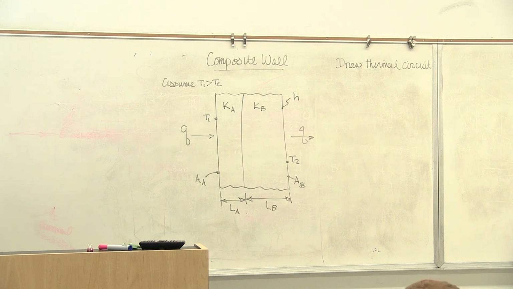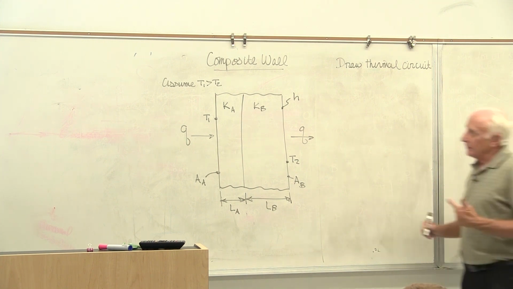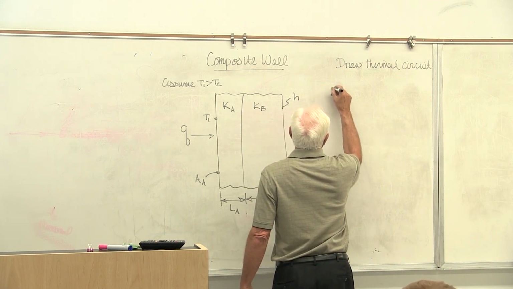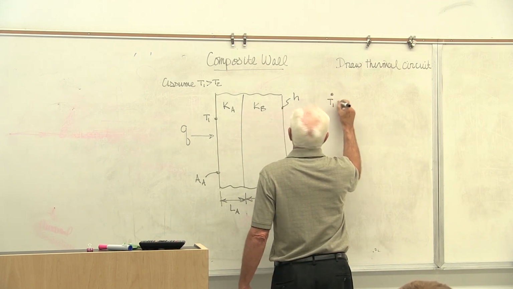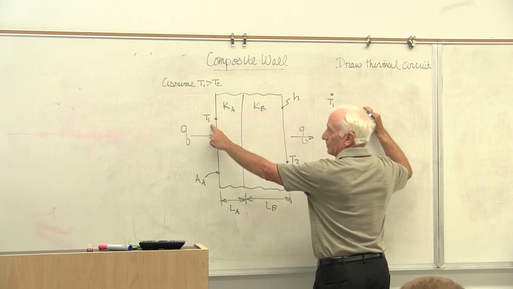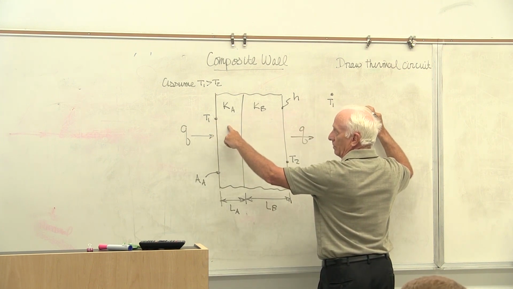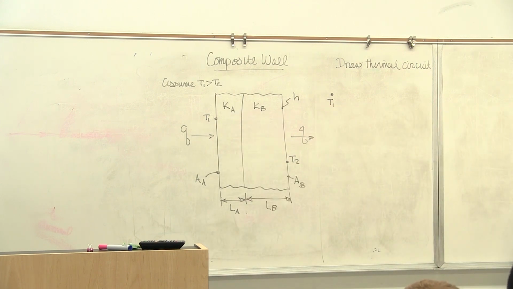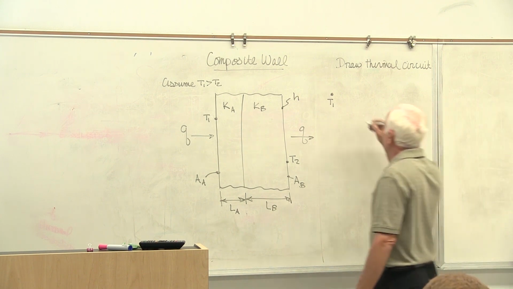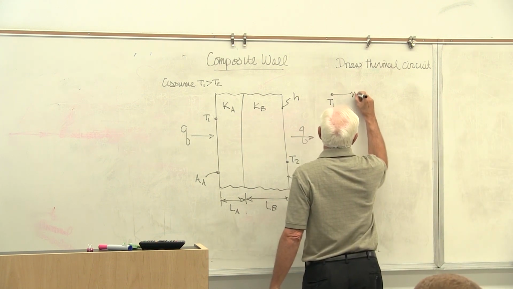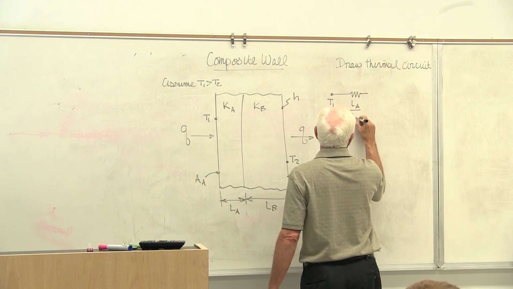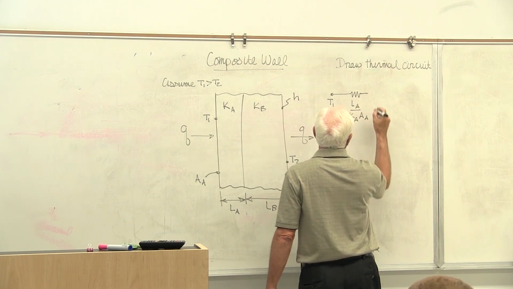We'll start on the left at temperature T1. As we move to the right through the wall, we go through material A by conduction. The resistance is given by L over kA. Here's the resistance, LA over kA times area of A.